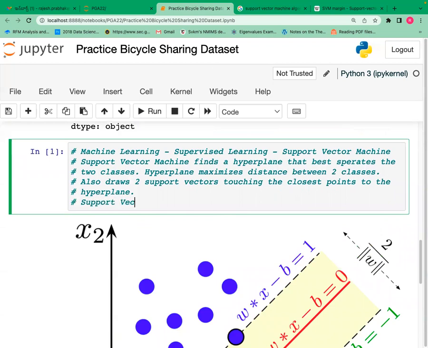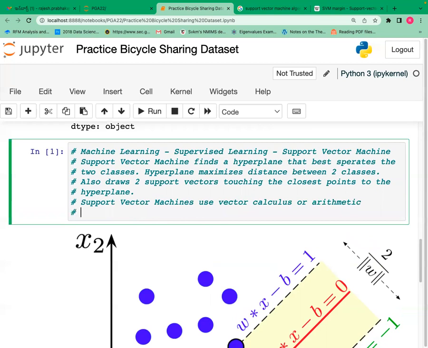Support vector machines use vector calculus or vector arithmetic, particularly the dot product. What is the formula for dot product?